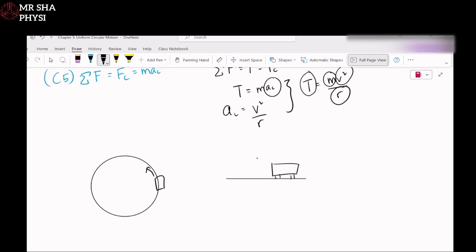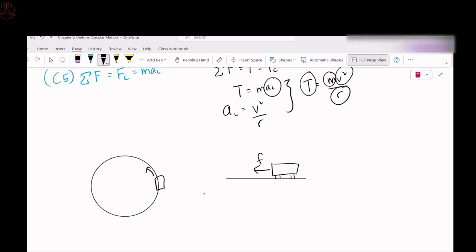If it turns, that means you will turn the steering wheel to the left, so the frictional force is to the left as well. It's keeping it from going the other way.